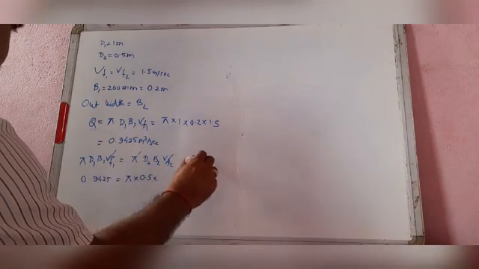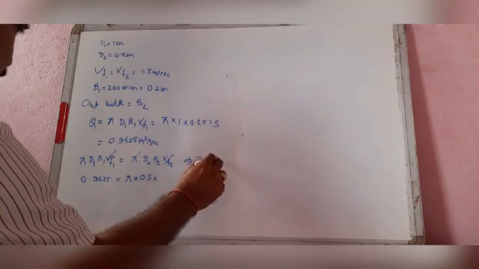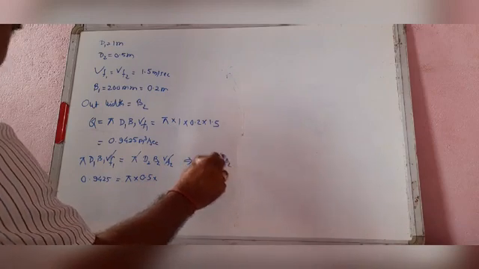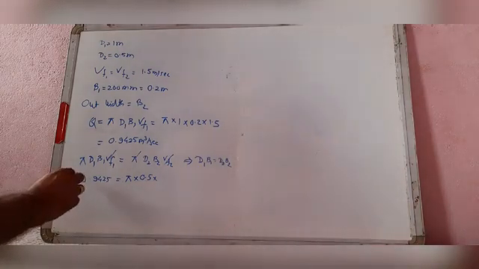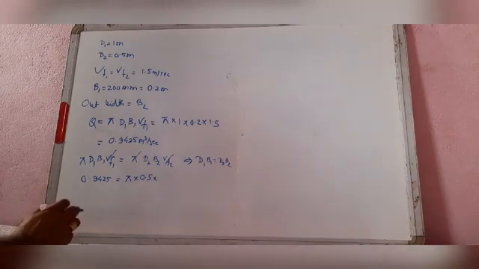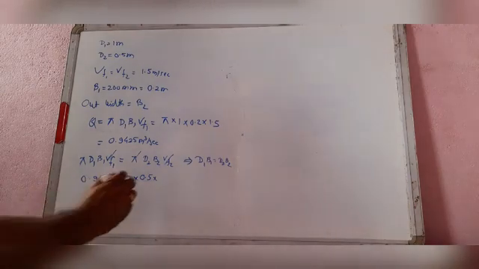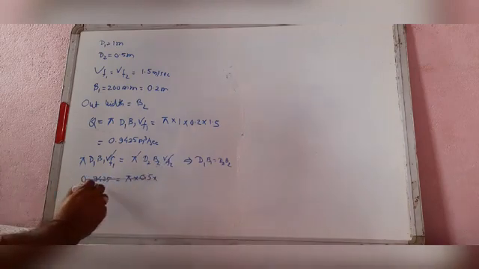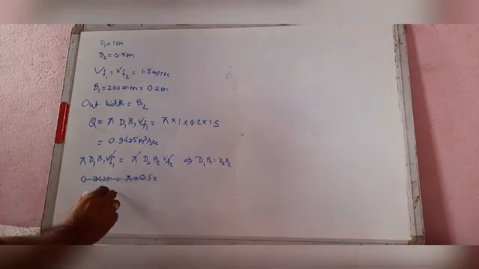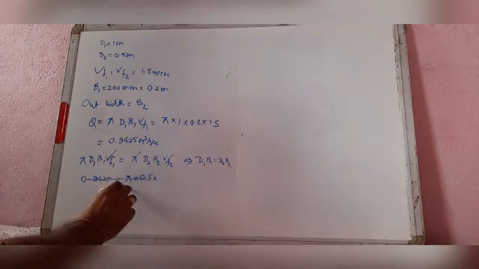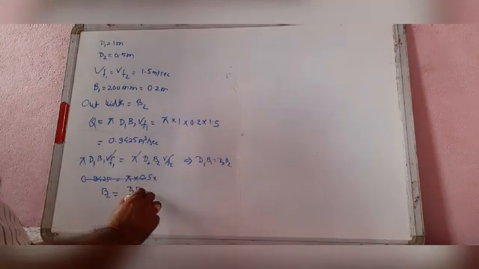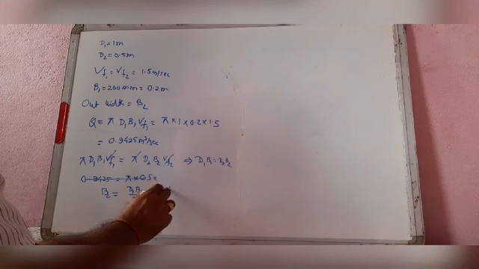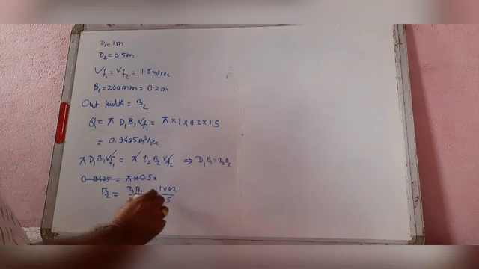So D1 B1 equal to D2 B2. So B2 equal to D1 B1 by D2, which is 1 into 0.2 by 0.5.